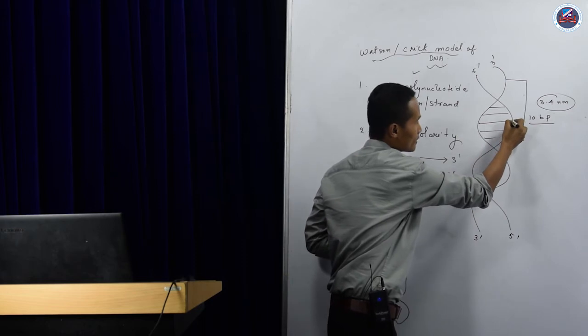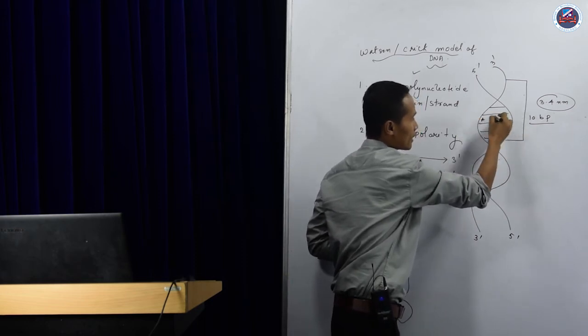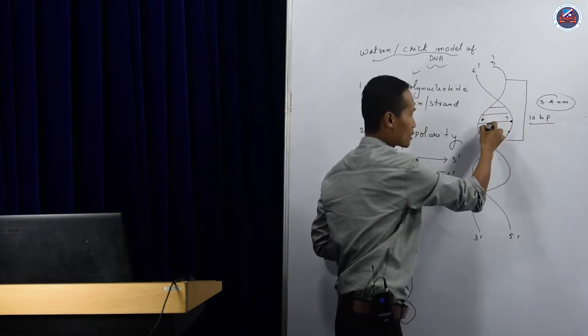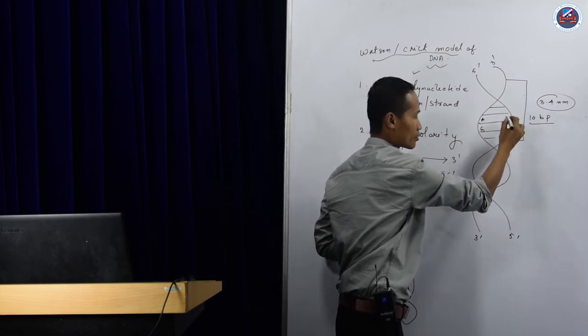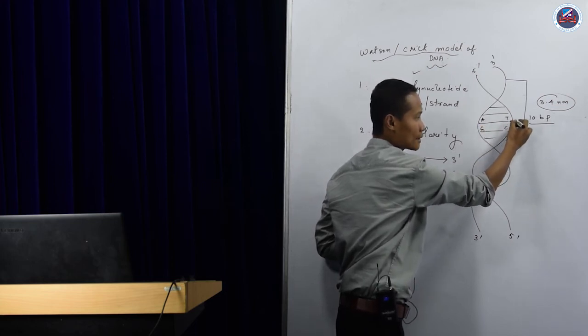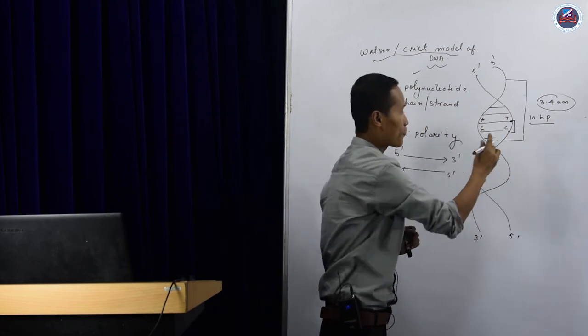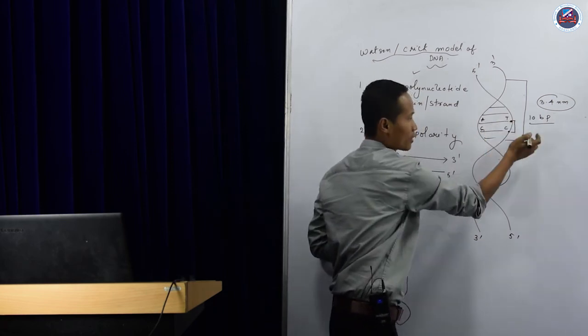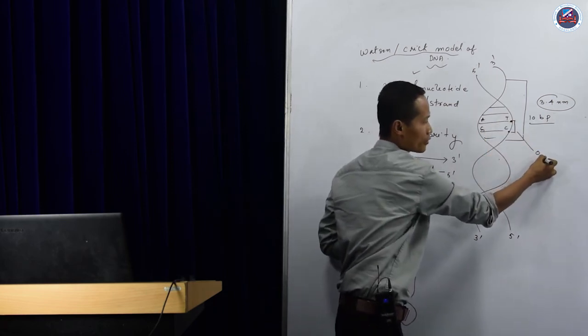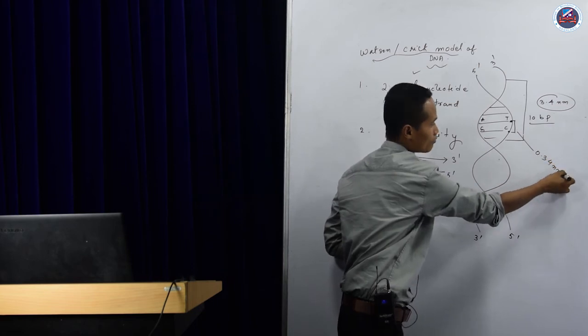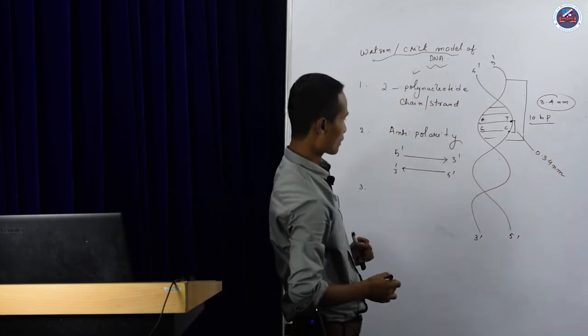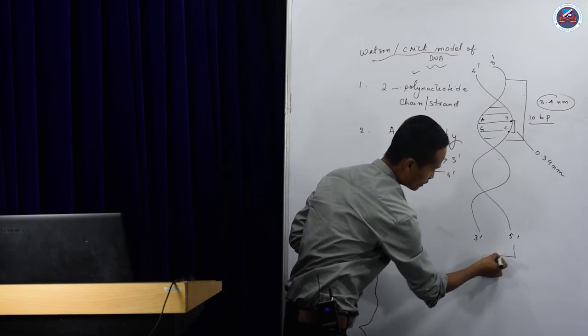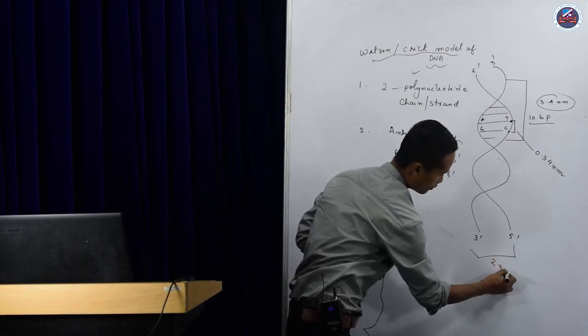Say from here to here, there is adenine, and this is thymine, this is guanine, and this is cytosine. The distance between two consecutive base pairs will be 0.34 nanometer, and the diameter is 2 nanometer.